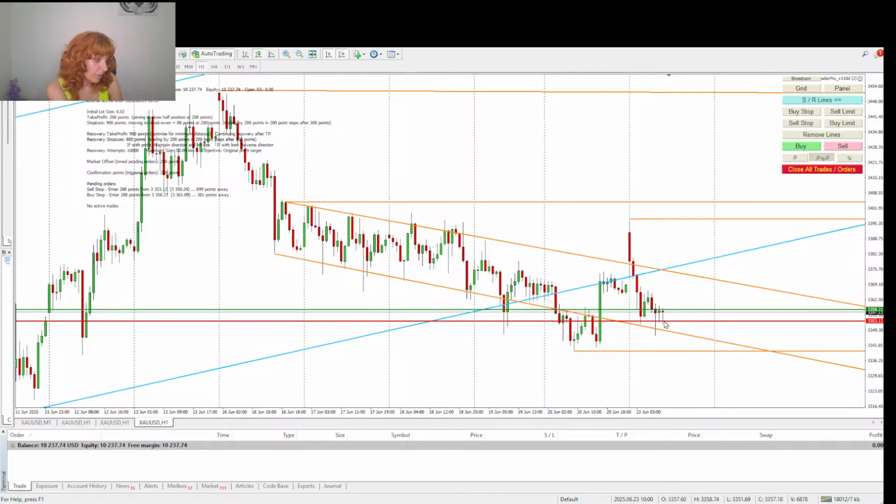Now the 30 minutes is still kind of a little bit more of a possible reverse. It's like the early signs of a possible reverse on the 30 minutes, because on 1 hour it's a little bit mixed, but still shows a possible continuation down. The 30 minutes is a bit of a mix, I'd say.